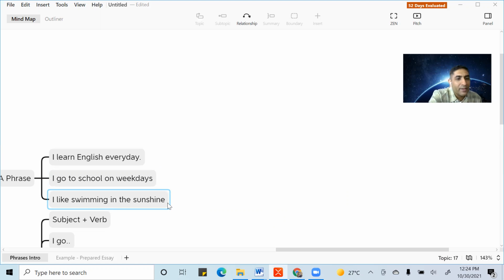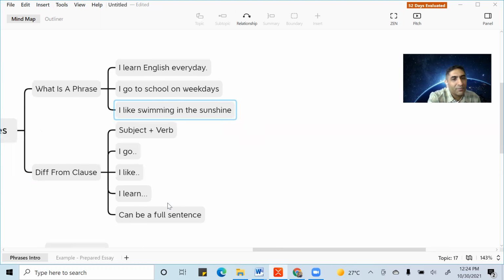And here we are drawing differences from a clause. A clause would have a subject and a verb. Now, a clause can be a full sentence. What do you do in the office? Well, I work. So I work is a full sentence. What do you do on the playground?